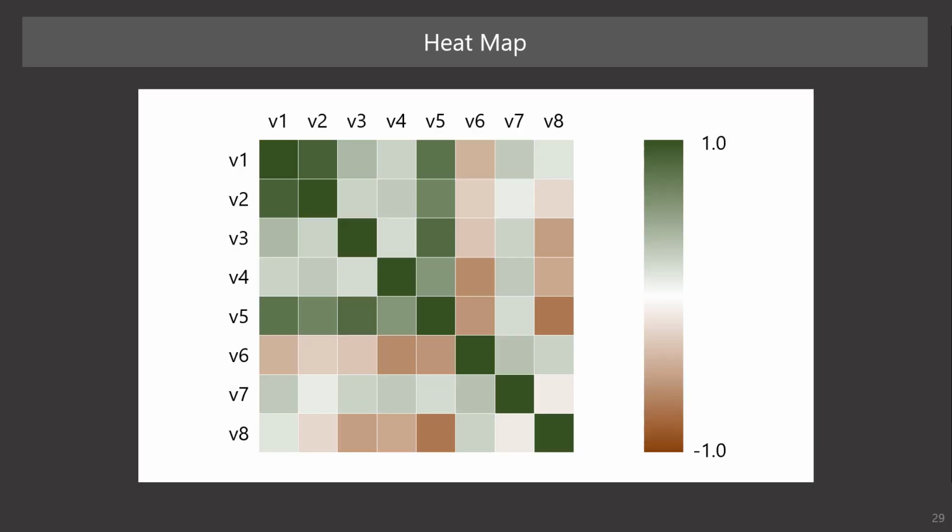A heat map is a graphical representation of a correlation matrix. It represents the correlation between variables using colors instead of numbers. Usually, the darker the color is, the stronger the correlation is.